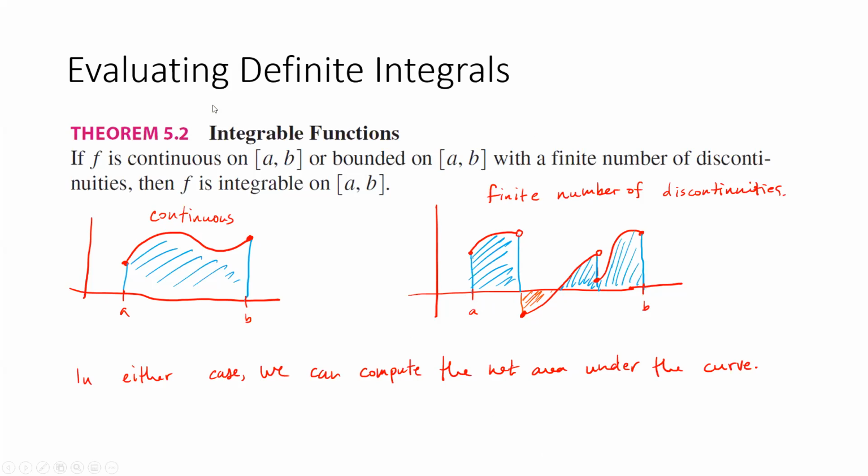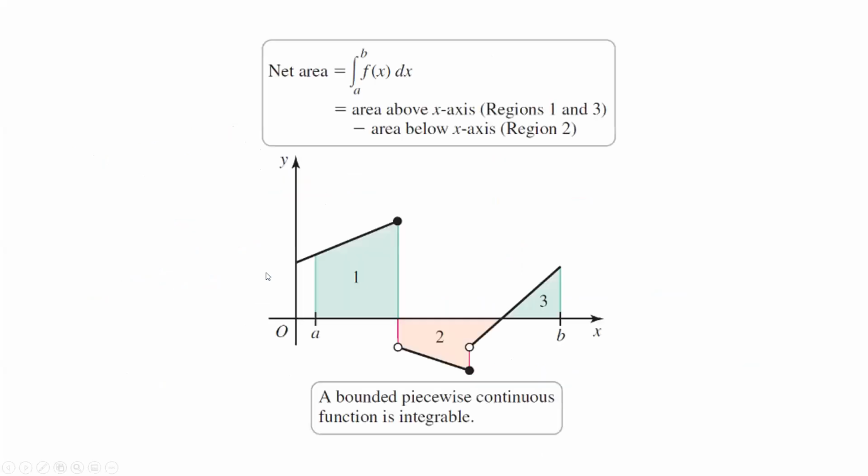So these are conditions that guarantee that we have something that's integrable. Okay, so here's a picture that it can have a finite number of discontinuities. Like this has these 2 points of discontinuity, but we can still compute the area.